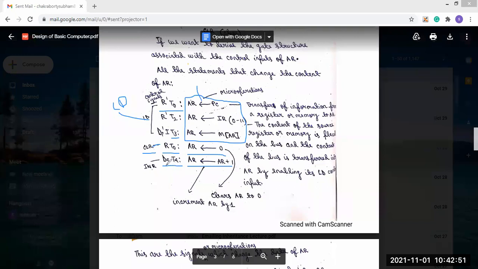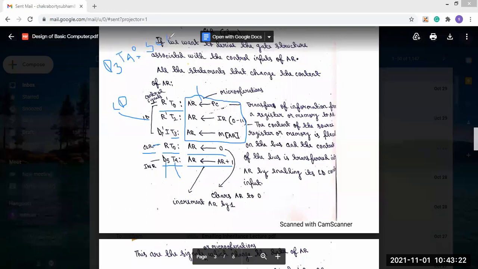D5 is the output signal, and this is the timing signal. If you remember the diagram, at that time I used D3 T4, and the sequence counter is reset to 0.